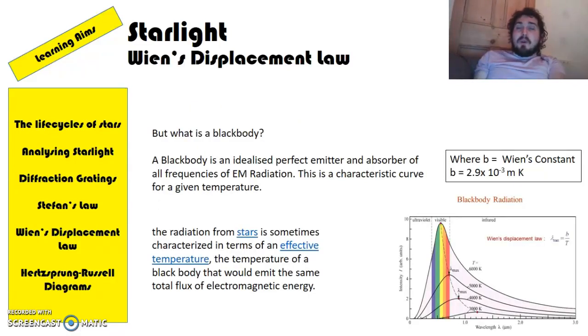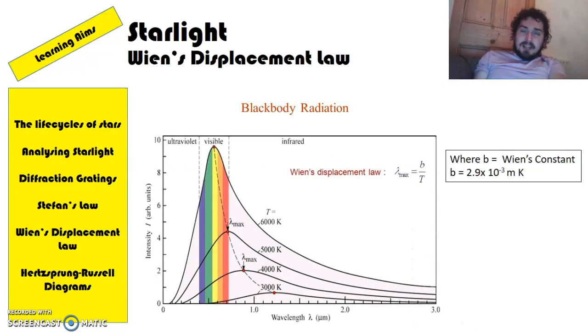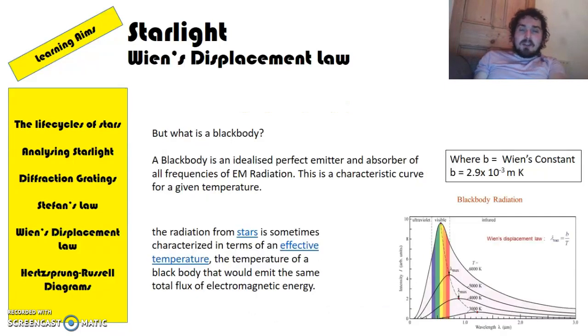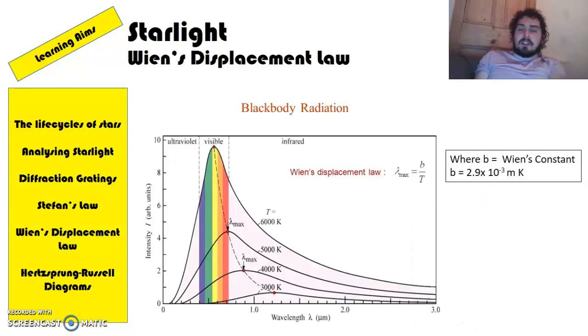Right, but what is a black body? Because I've just said that's black body radiation. Well, we can say a star's a black body, but it's not really. It's very idealized. Everything's idealized in physics, but a black body is an idealized, perfect emitter and absorber of all frequencies of EM radiation. And this is a characteristic curve for a given temperature.